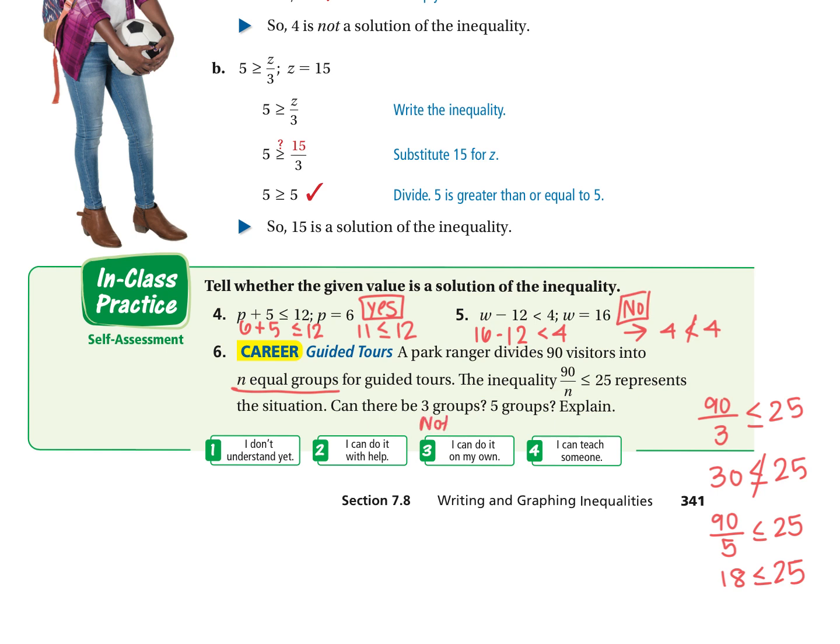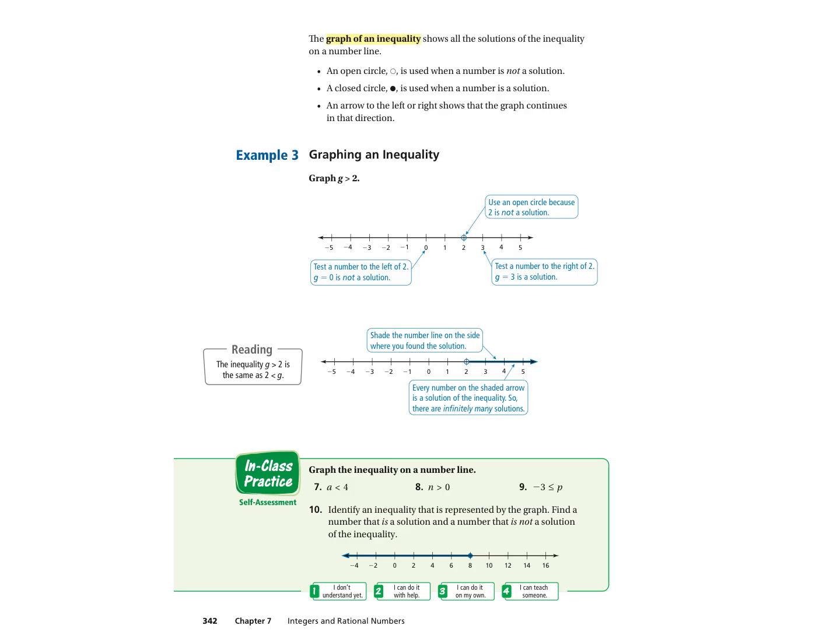No, not 3 groups, but there can be 5. And my proof is right here in my work that we just did together. You can write it out in words, you can explain it in words if you'd like, but showing me all of this is also perfectly fine. Okay, because this is proving how you know that there can't be 3, but there can be 5. Okay, moving on to the next page.